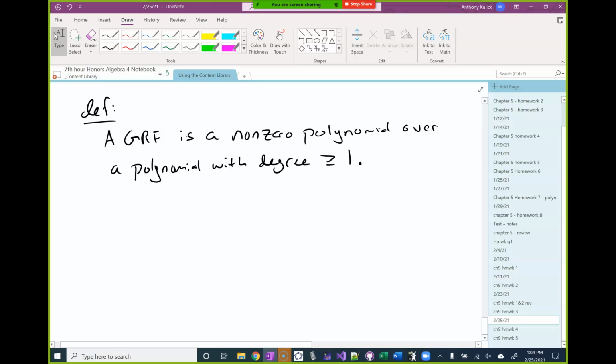So let's talk about some key features. The first one is a vertical asymptote.